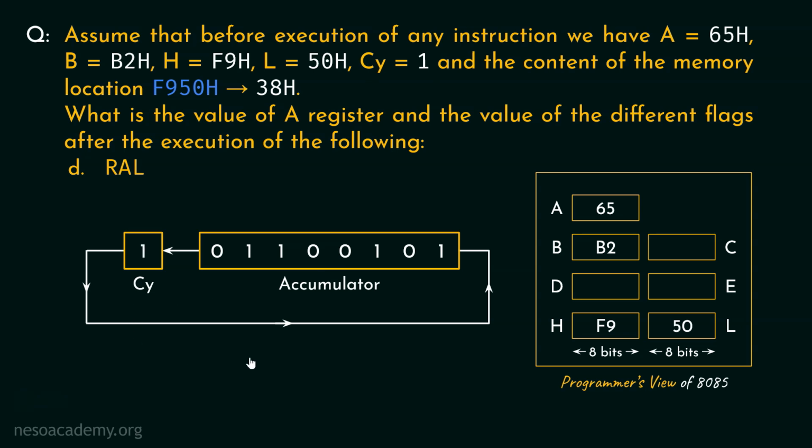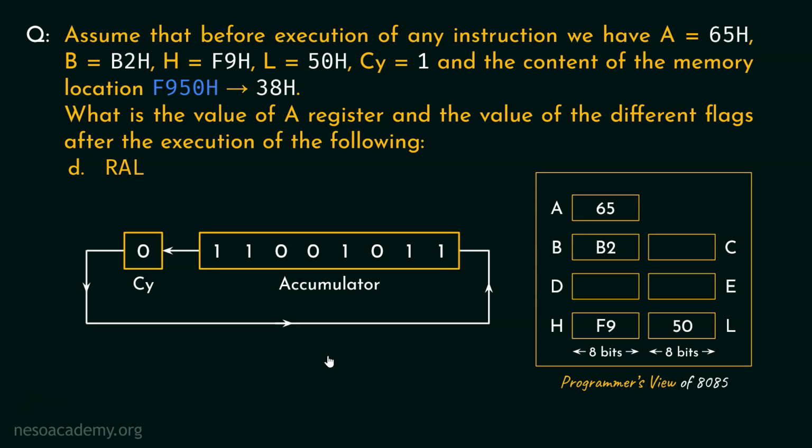Now if we execute the instruction RAL, the most significant bit within the accumulator, which is 0, will come out and it will be placed within the carry, making the carry bit come out of its place. All the rest of the bits within the accumulator will be shifted towards the left by 1 bit. And finally this bit 1 will be placed as the least significant bit.